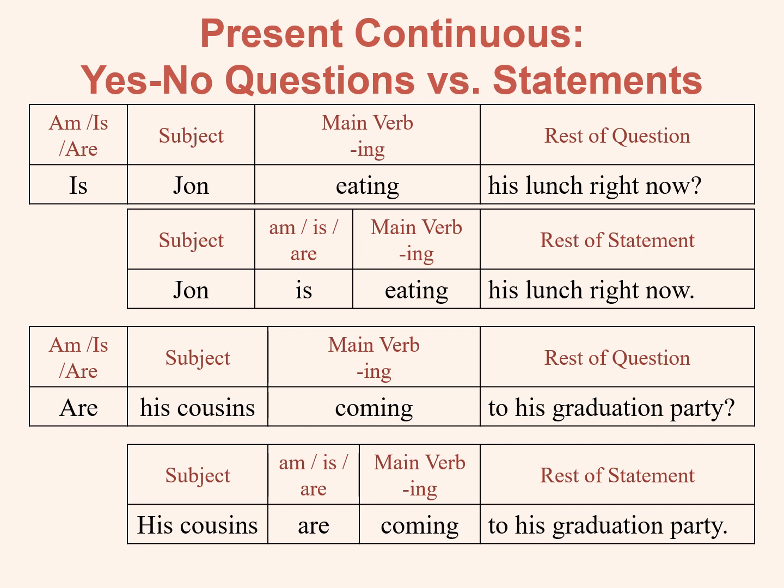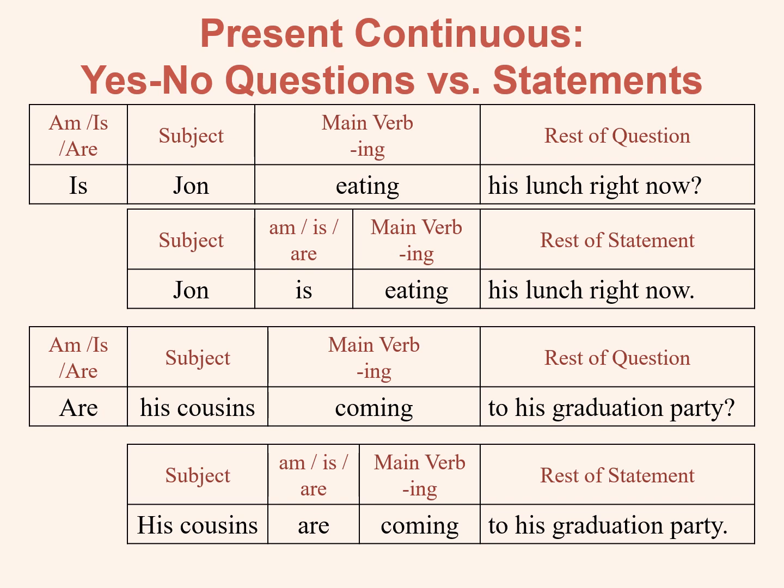In yes-no questions, we get am or is or are. Then we get the subject, then the main verb with the ing suffix, and then the rest of the question. So for example, is John eating his lunch right now?